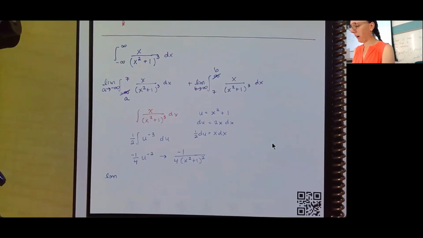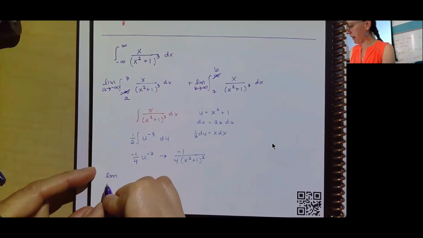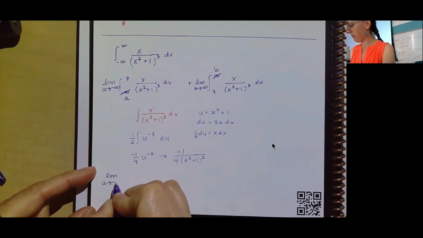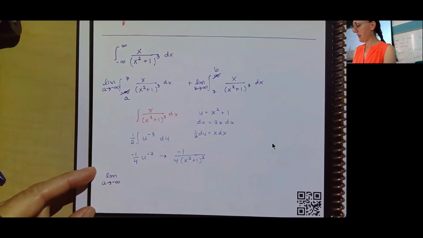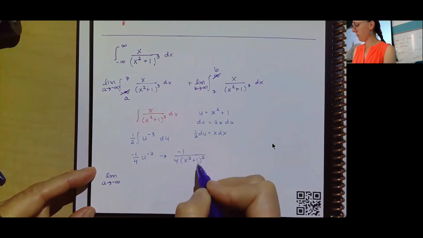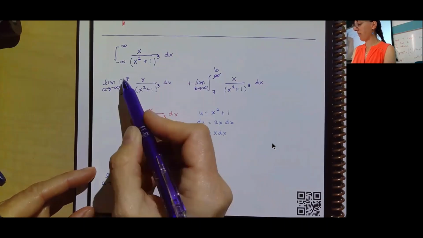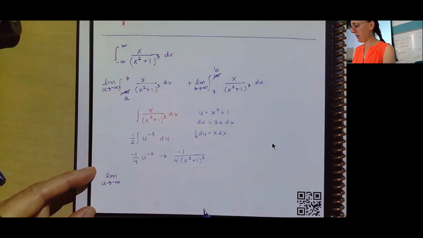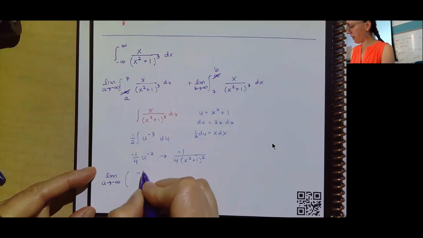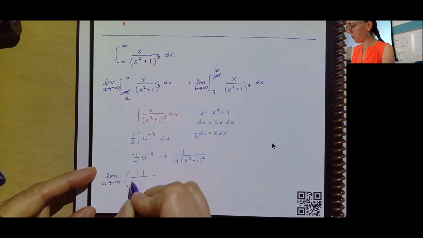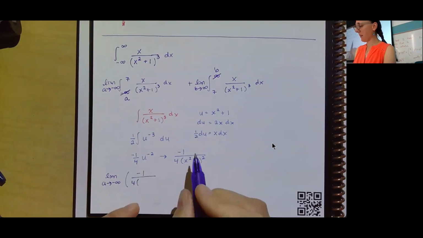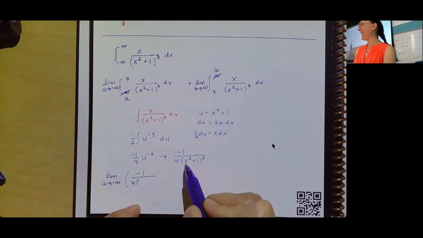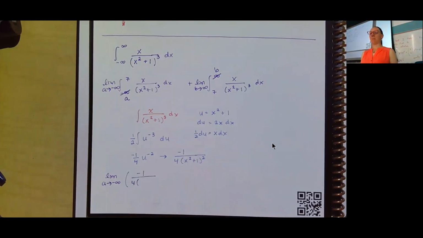So when I come down here, I'll be looking at the limit as A approaches negative infinity. I'm going to have this function, but I'm plugging in 7 and A. So I'll have -1 over 4 times... It's like I meant to do this, but actually Joy just picked her favorite number.